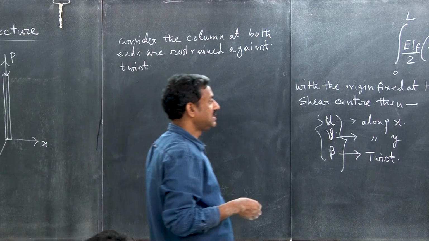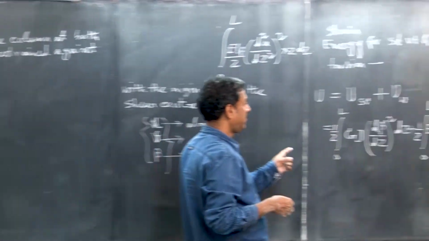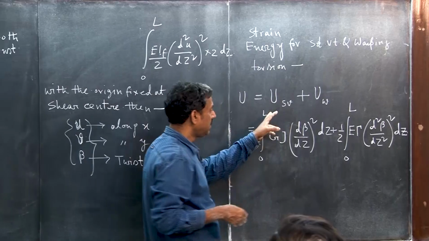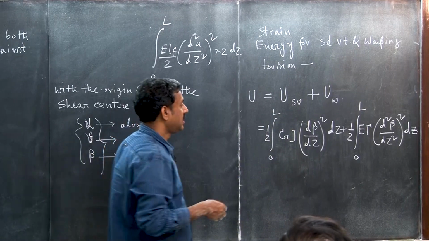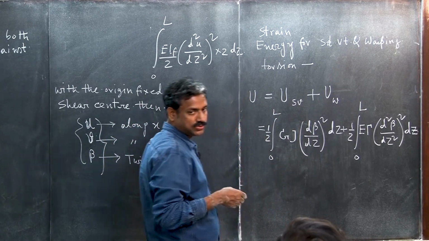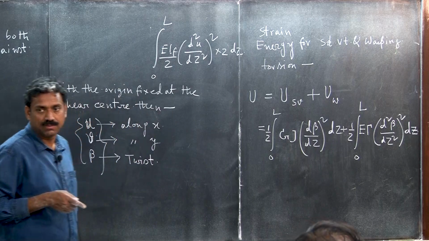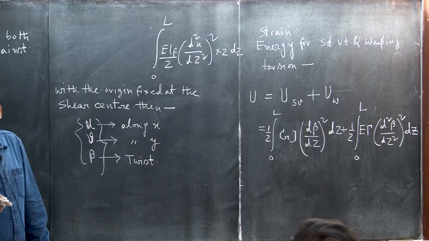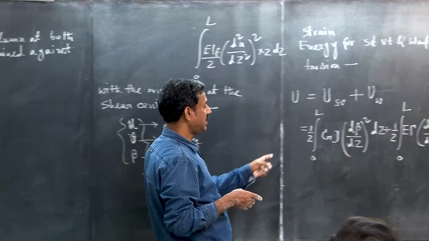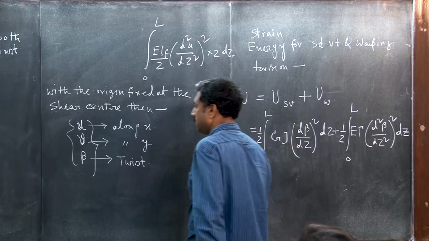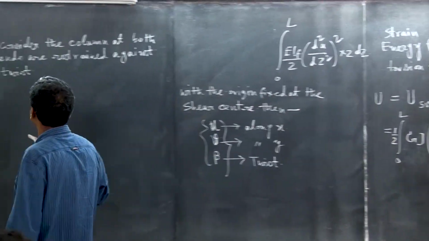Please note that these are for the strain energy due to torsion, but there will be strain energy due to bending also, because along U and V the bending will also be there. Along with that, other terms will be there, I will come there.